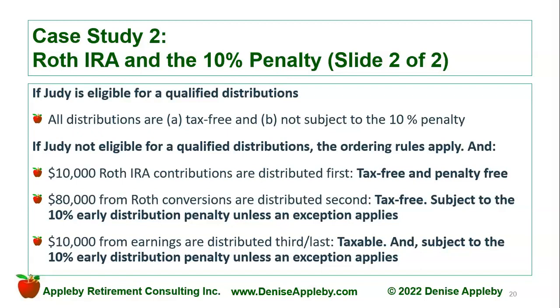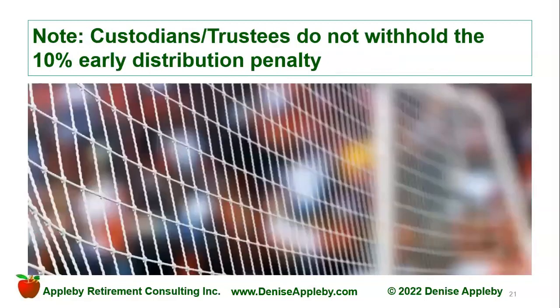And distribution of earnings from non-qualified distributions would be taxable. And in addition, it would be subject to a 10% early distribution penalty because Judy is under age 59 and a half. Now, if she qualifies for an exception, then the 10% early distribution penalty would not apply.